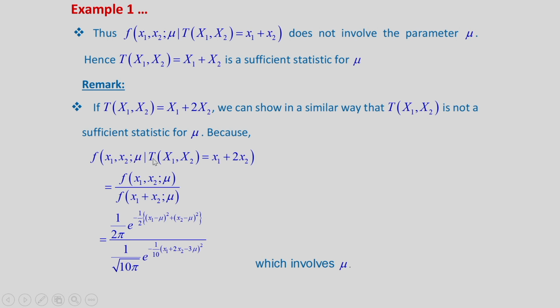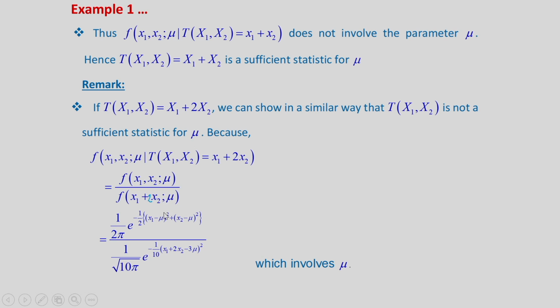Now, this conditional PDF f(x1, x2) as a function of mu, given that T(x1, x2) is equal to small x1 plus 2 x2, that we can write as joint PDF of x1, x2 as a function of mu divided by marginal PDF at point x1 plus 2 x2 as a function of mu.